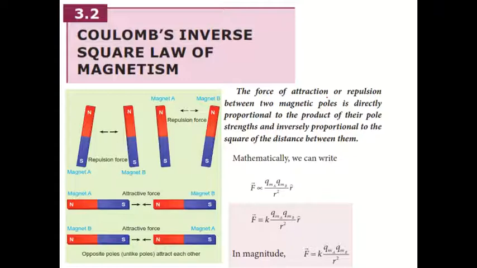Coulomb's inverse square law says the force is directly proportional to the product of the pole strengths. Suppose the two magnets have pole strengths QMA and QMB.